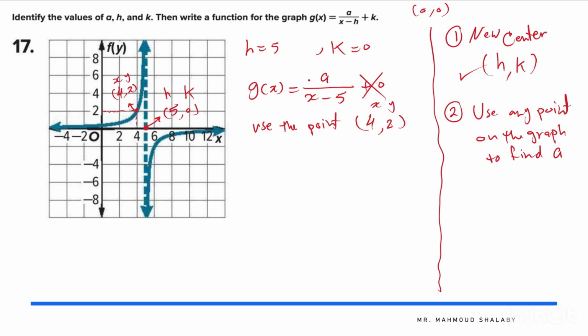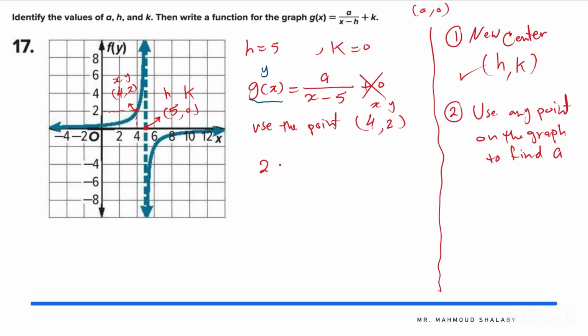Now I will substitute in the function that we reached in the previous step with x equals 4 and y equals 2. The question here is, do we have a y here? The answer is yes. We know that g of x or f of x or k of x, whatever the function is, it's the same as y, correct? So I will replace g of x or y by 2.